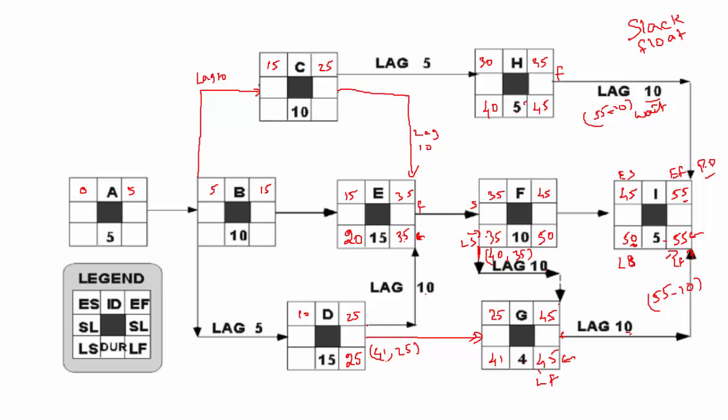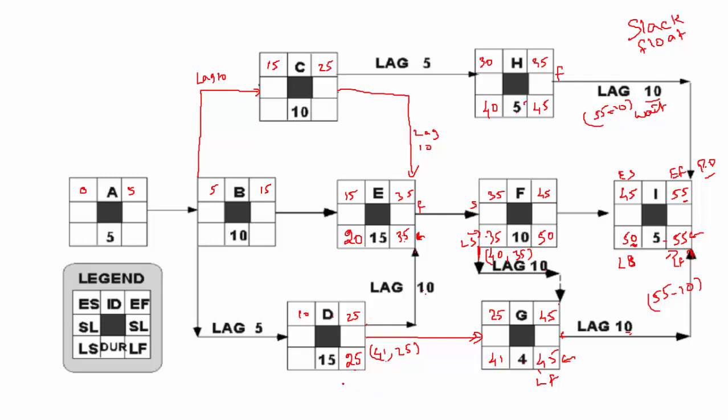Because watch this, this has a finish to finish relationship with a 10 days lag. Which means E is finishing on 35 minus 10, so D can finish on 25.